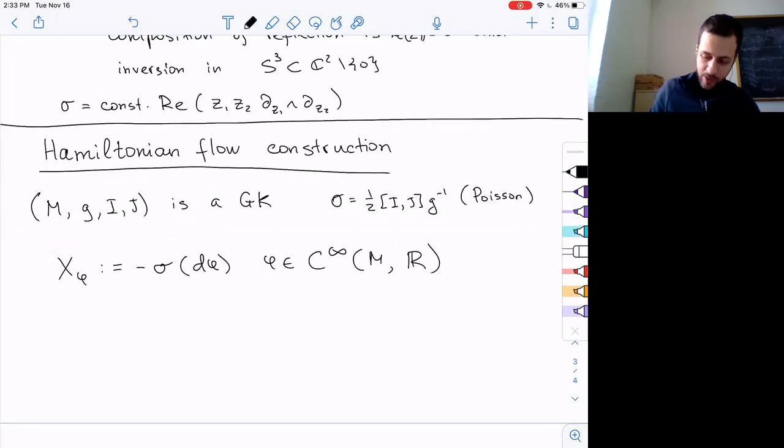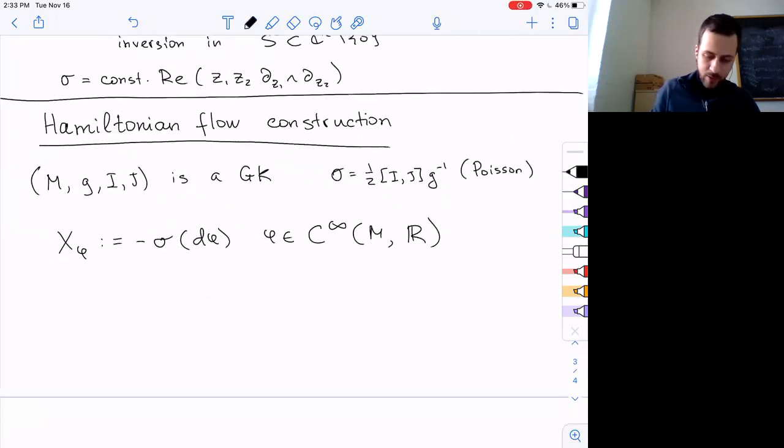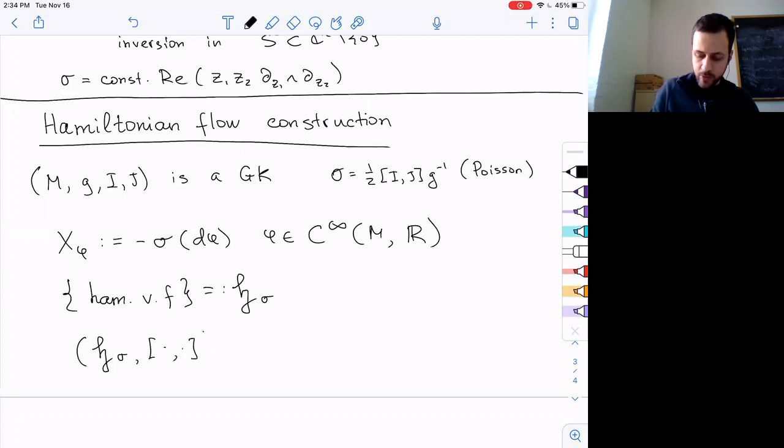And actually, you can consider all Hamiltonian vector fields, which I will call H sub sigma. H sub sigma together with the usual Lie bracket is a Lie algebra.